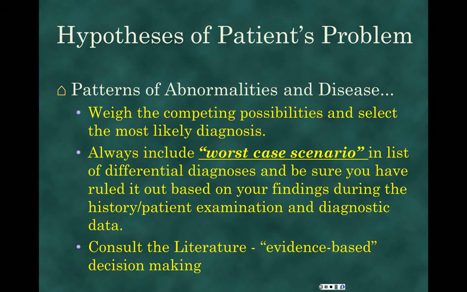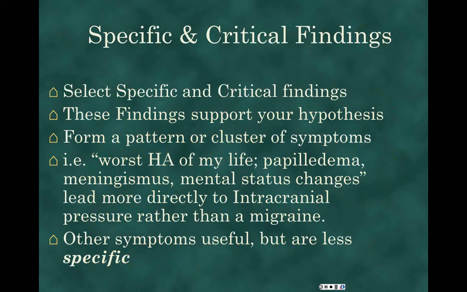And then you're also going to consult the literature. You're going to look at the most current evidence to come up with your evidence-based decision making. You're going to select specific and critical findings to support your hypothesis. They form a pattern or cluster of symptoms.